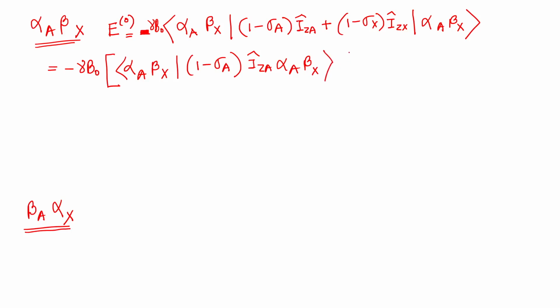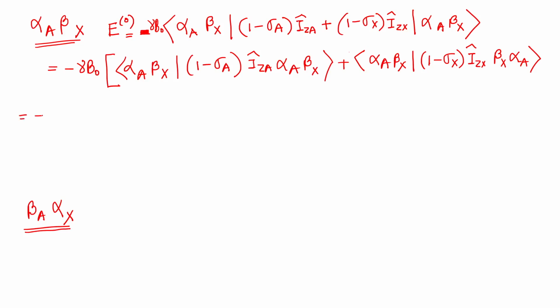Then plus 1 minus sigma x, Iz x will operate on beta x, and alpha A will be something constant.